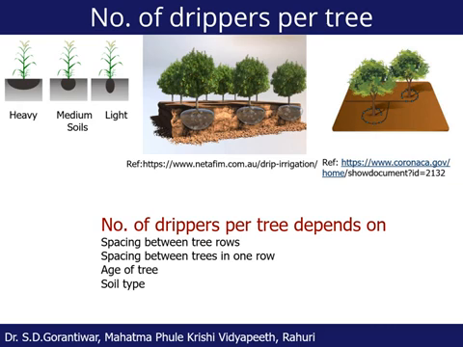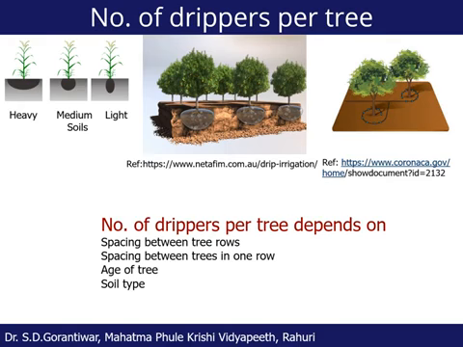We have to apply the same water, as per the crop water requirement, but the same water has to be distributed in the root zone, and for that we decide the number of emitters. Please remember that the number of emitters has nothing to do with the application of more or less water. We are applying the same water but with fewer emitters in heavy soil and more emitters in light soil.